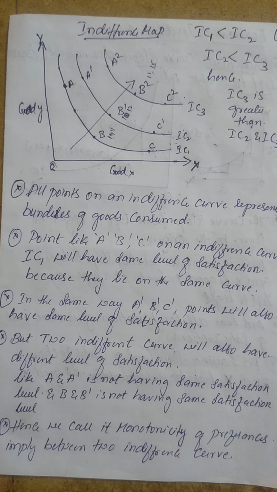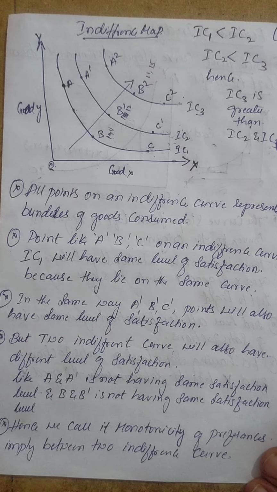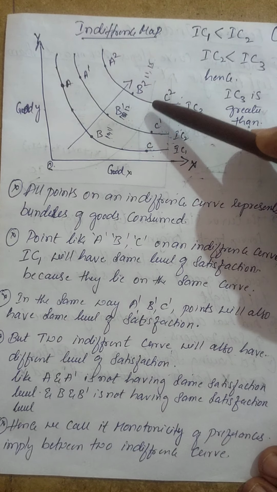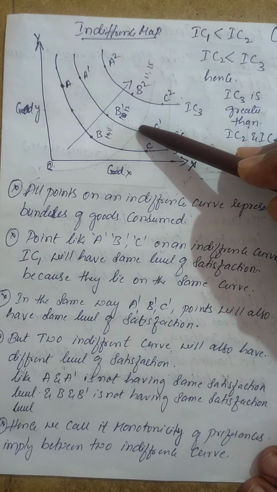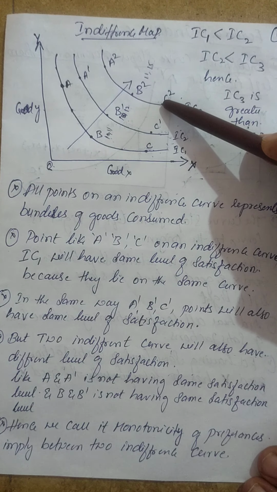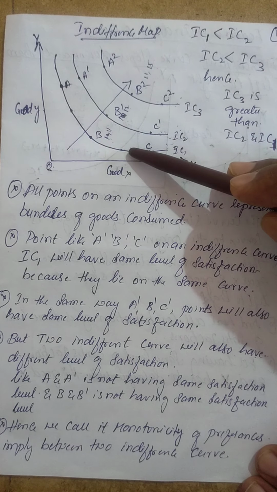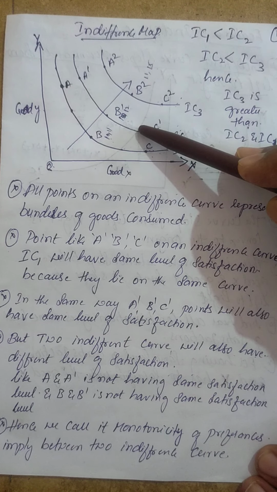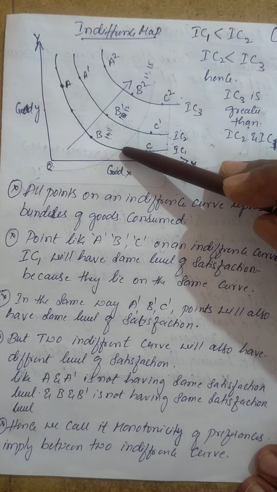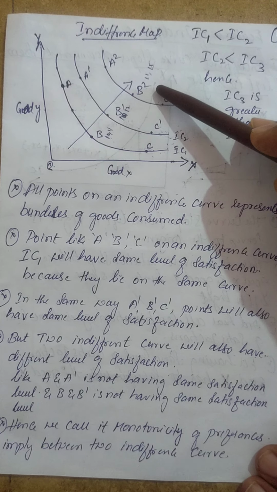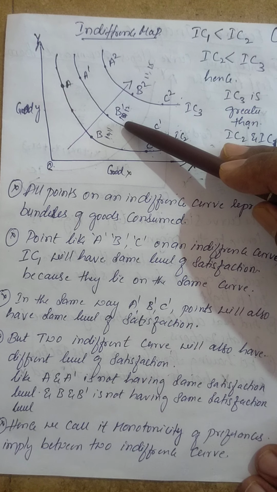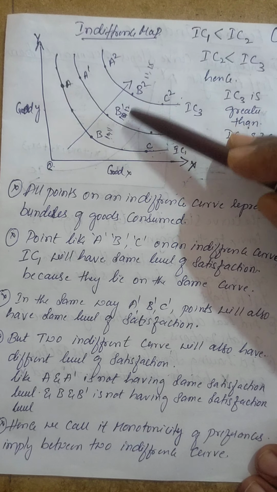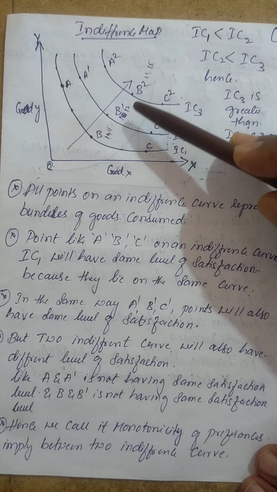Why is it called a family of indifference curves? Because you have different indifference curves. This is indifference curve 1, this is indifference curve 2, and this is indifference curve 3. Compared from the first to the second and the second to the third, there are a lot of changes, and the satisfaction level also changes. This will be the lower level of satisfaction when you compare it to this, and this will be a lower level again when you compare it to this.